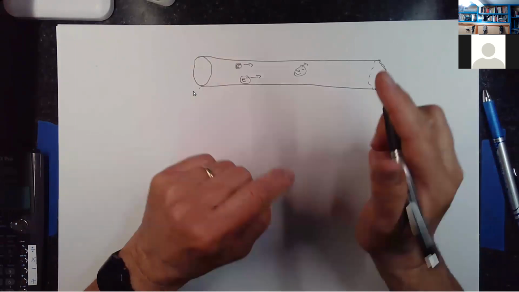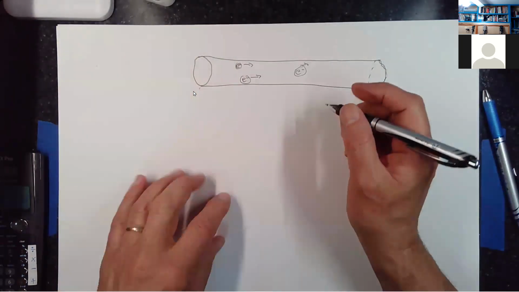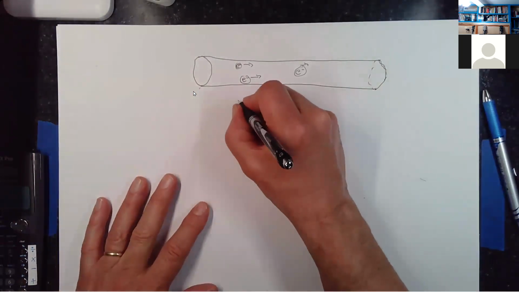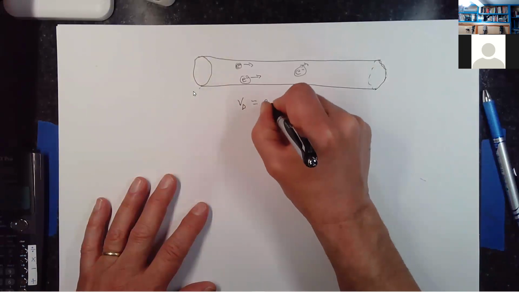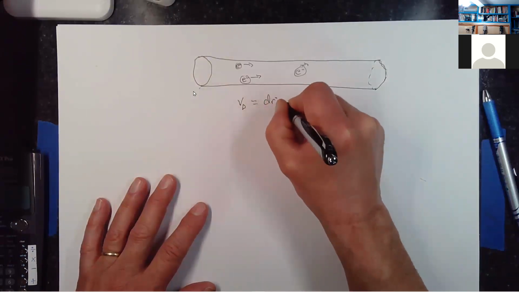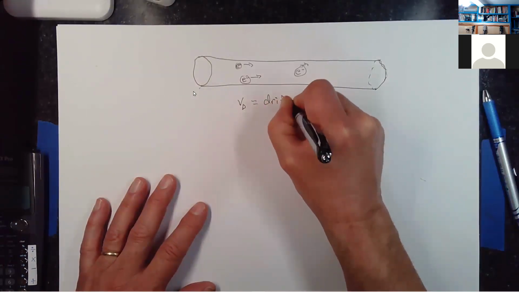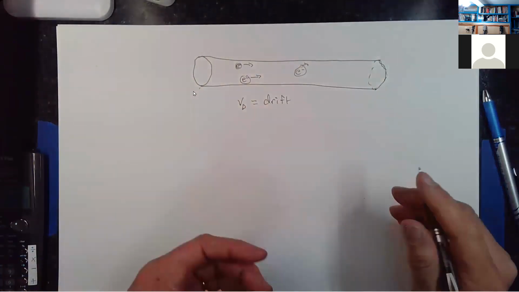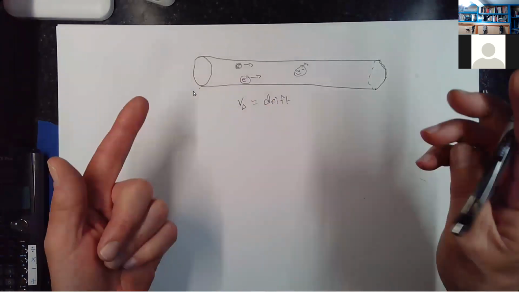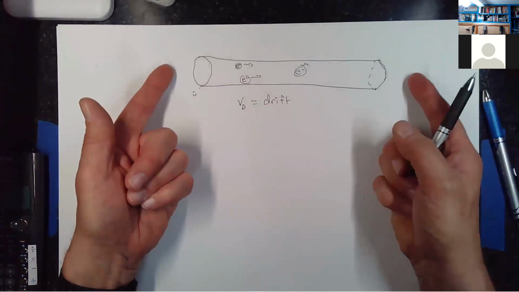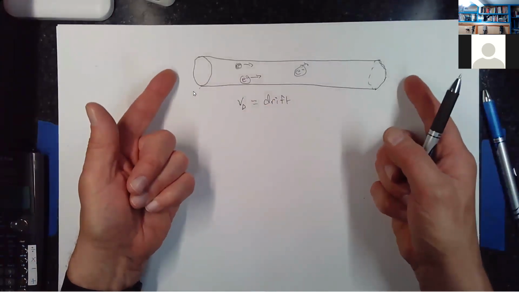And on average, they'll have a velocity which is going to be v sub d, is the way it's often written, and that's called the drift velocity of the electrons. The electrons move in response to an electric field that's been put in the wire, and you do that by having a potential difference between the opposite ends of the wire.